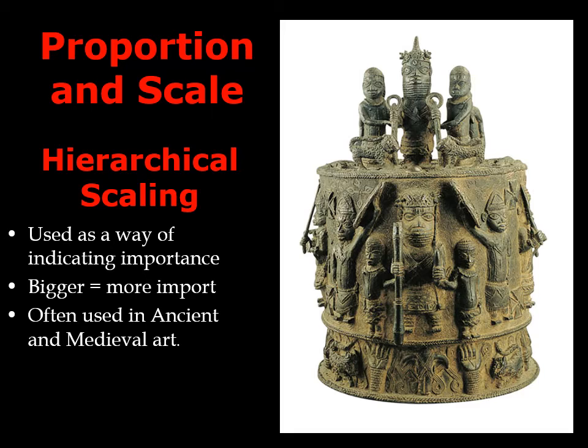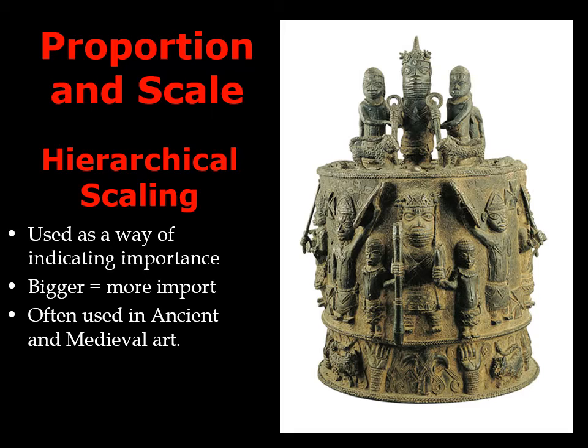So the general rule of thumb I use to explain hierarchical scale: bigger is better, king of the mountain, front and center. Looking at this particular altar of the hands, it's front and center, much larger than everyone else, it's the king.